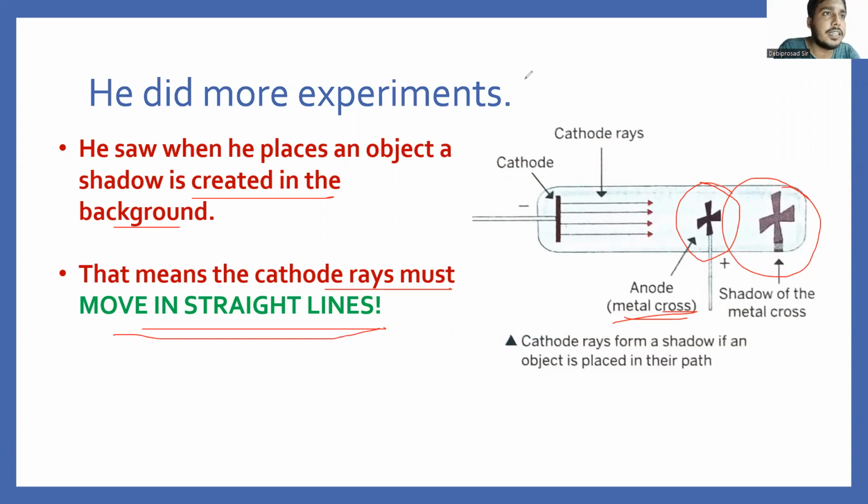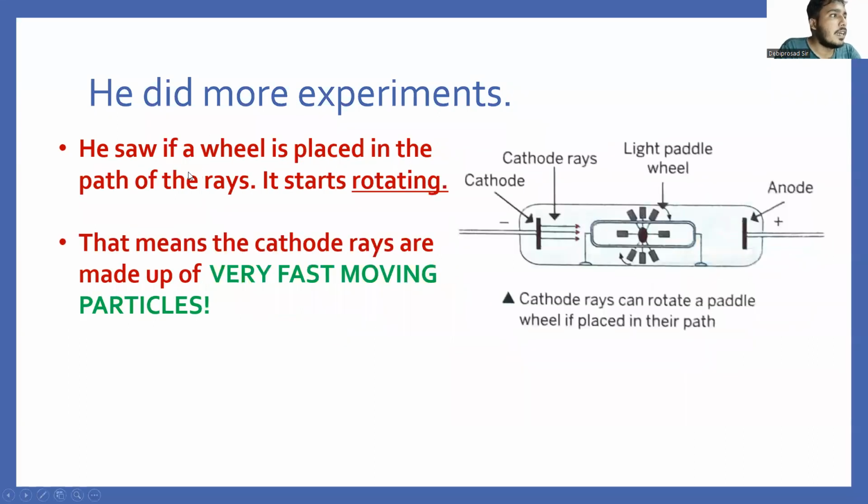Next, he did more experiments. He saw that if a wheel is placed in the path of the rays, it starts to rotate. Suppose this is a very light paddle wheel, lighter than paper. When he placed this arrangement, the cathode rays coming from this direction fall onto the wheels and started to rotate them in this direction.